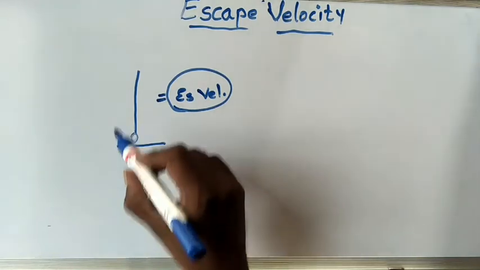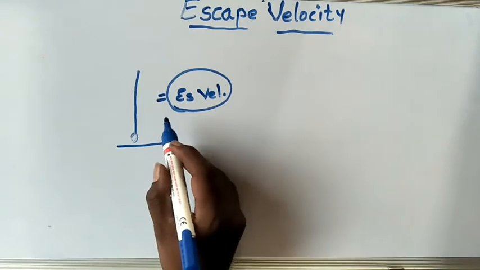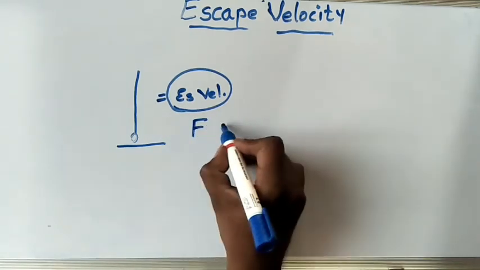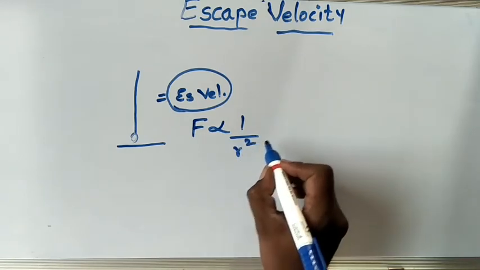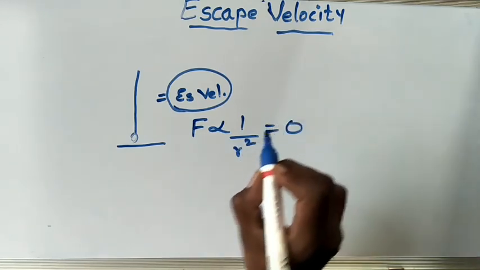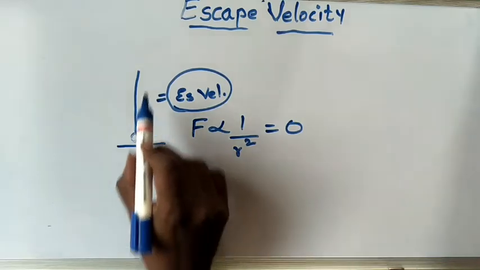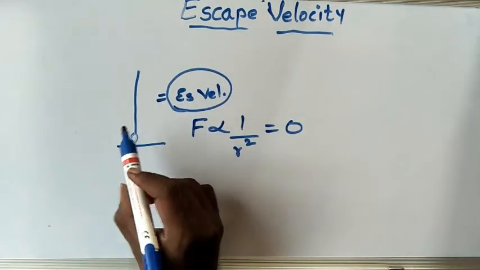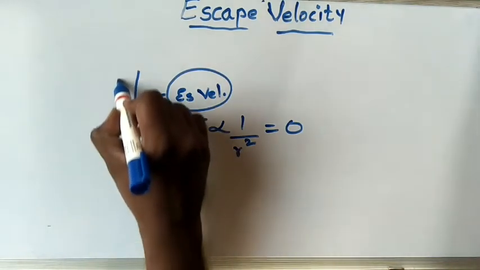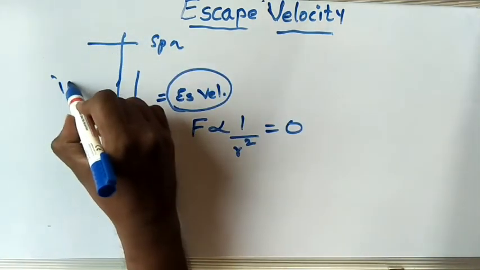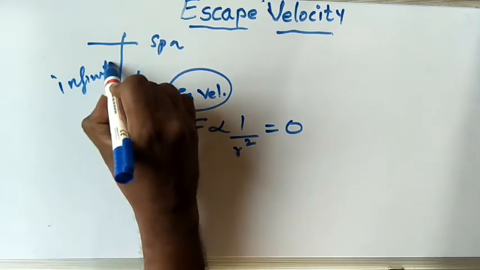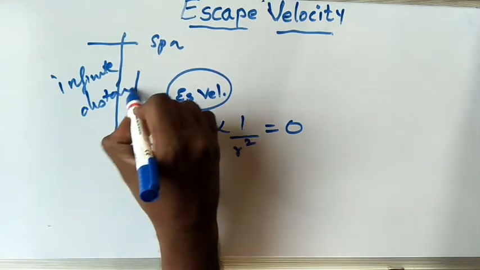So the force of gravity is inversely proportional to the square of the distance. It becomes zero only at infinite distance from the earth. That means from here, if this is space, this distance we call as infinite distance.